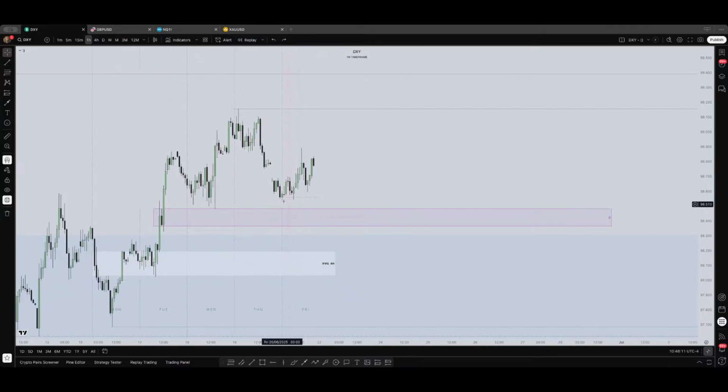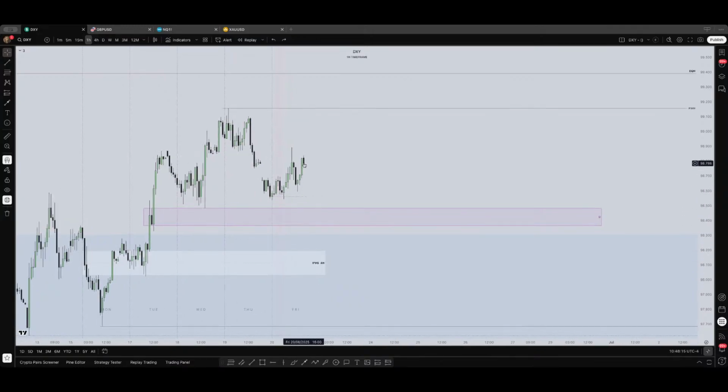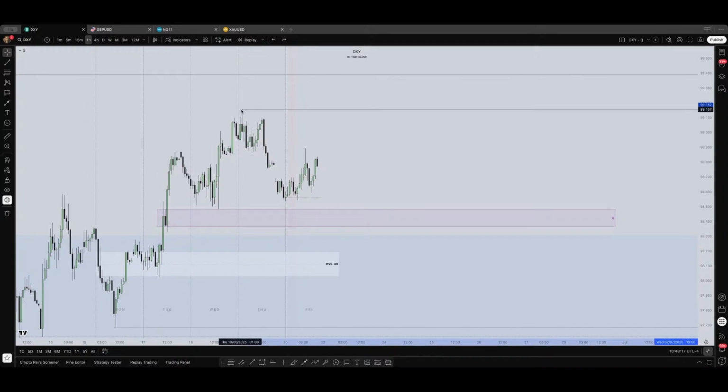So this is not moving because we are of course on Saturday, and yeah, I would really like to see price taking this low, possibly this low, the liquidity residing here.